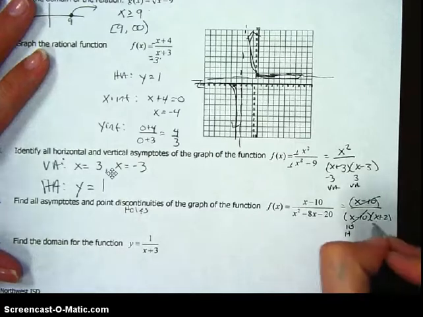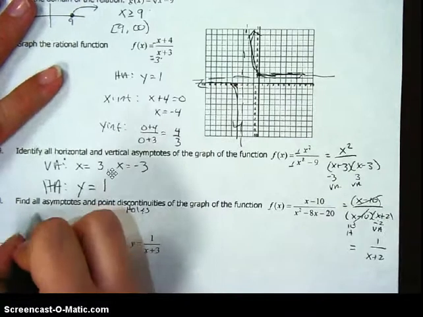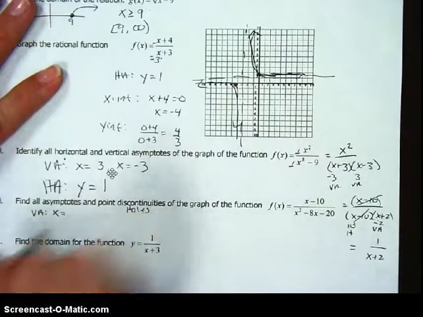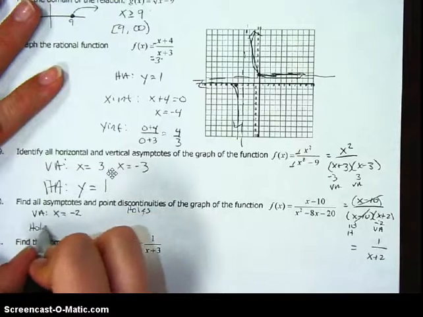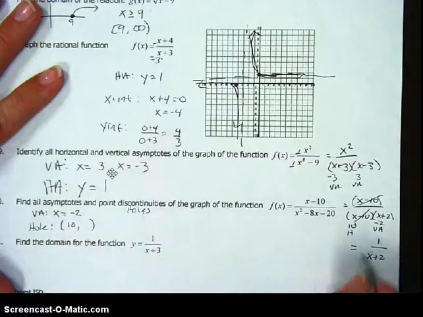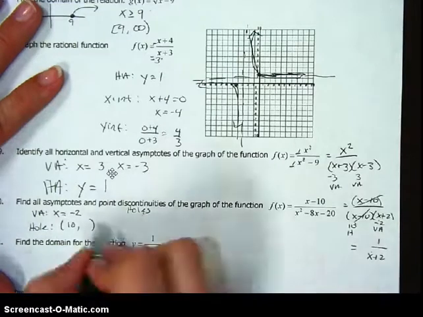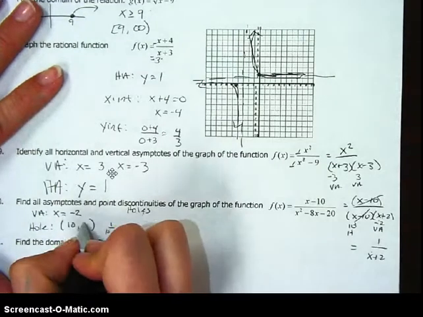Negative 2 makes this one 0. Because it's left over, it'll be a vertical asymptote. So my vertical asymptote is x equals negative 2. My hole, the x value is at positive 10. To find the y value, we're going to plug it into what's left over. So we're going to have 1 over 10 plus 2, which will be 12, so 1/12.